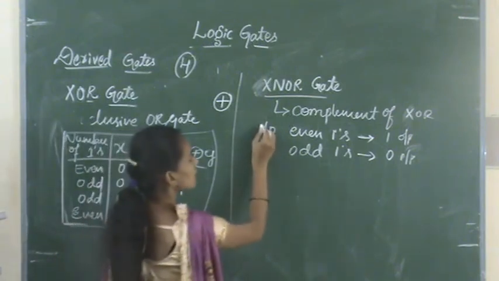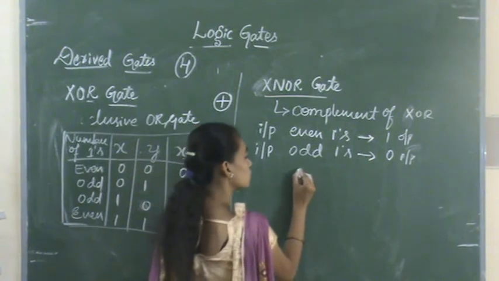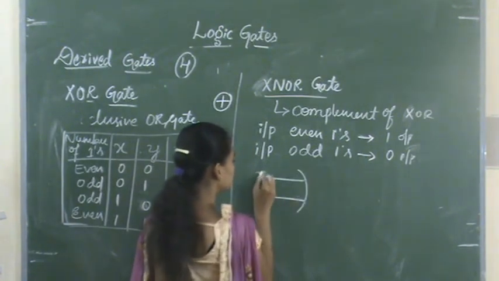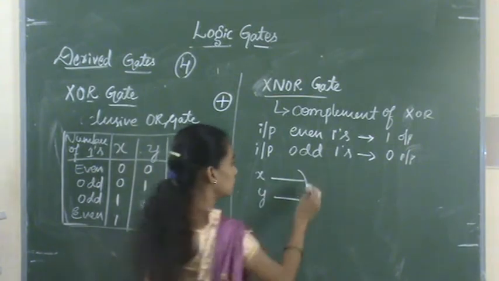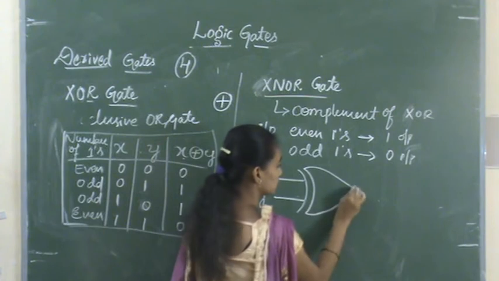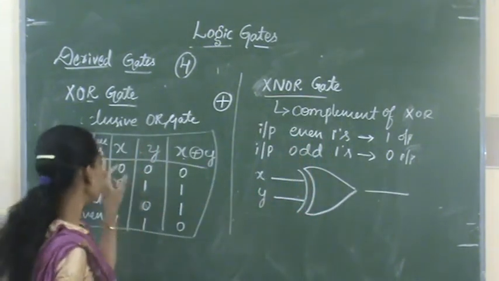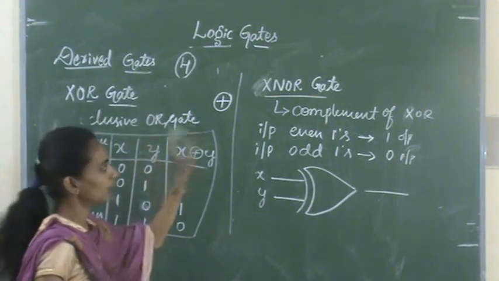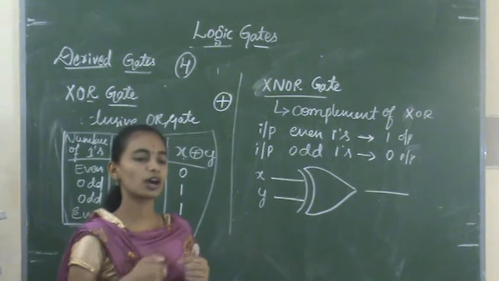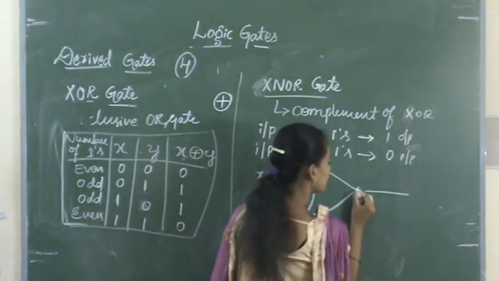Okay. So how will the XNOR gate be represented? We know how to represent XOR, right? These are the 2 inputs, and this is the symbol we are using for the XOR gate. I told you that it is a complement of XOR. So I said if you want to complement any gate, just write a bubble at the front.